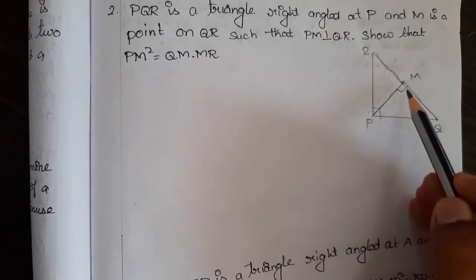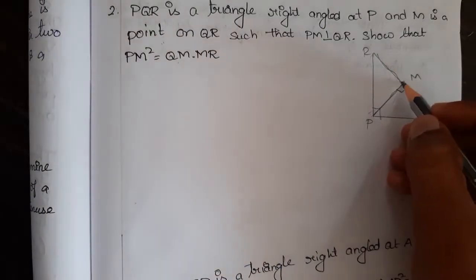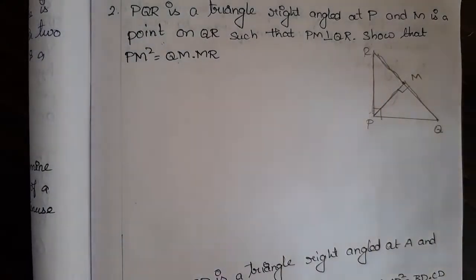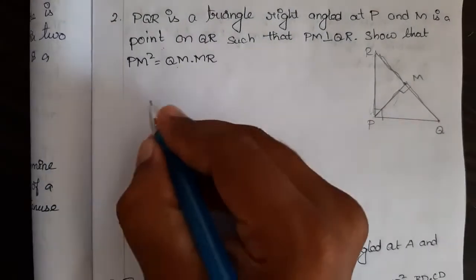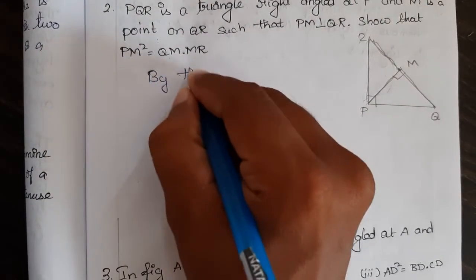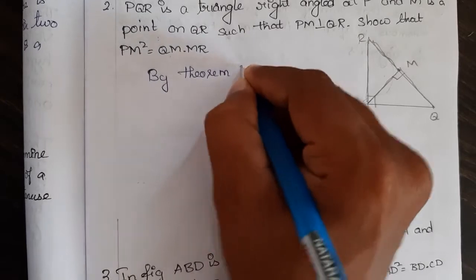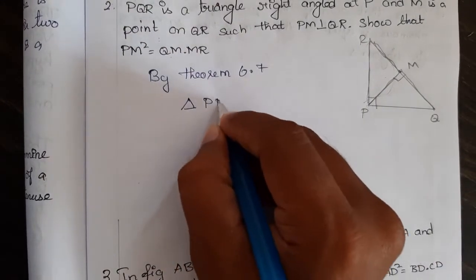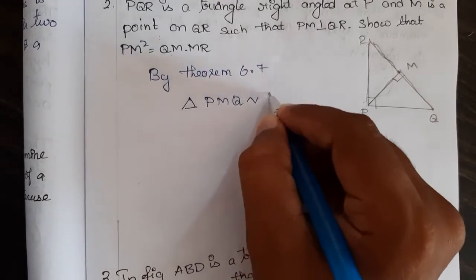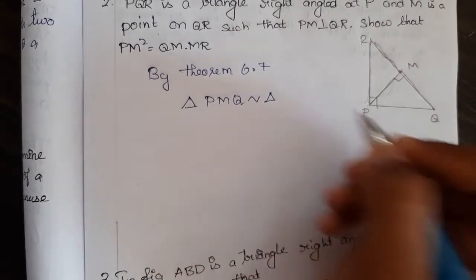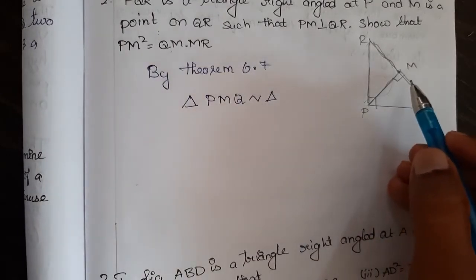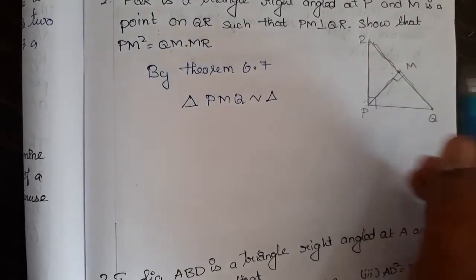That's easy, right? So here involves the sides PM, PM, and another one is QM and MR. So this small triangle and this small triangle are similar, right? So by theorem 6.7 we can say that triangle PMQ is similar to triangle RMP. So we have to check the corresponding sides, and here both angles at M are 90, right?